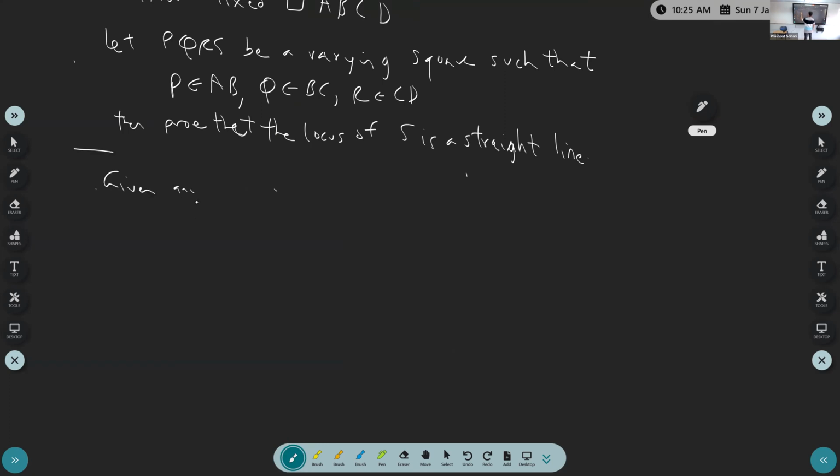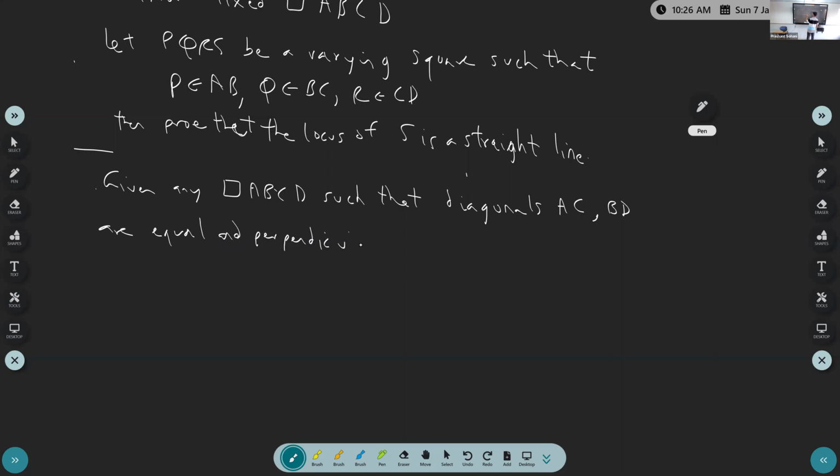So given any quadrilateral A, B, C, D such that there is a square, any quadrilateral whose diagonals are equal in length and perpendicular to each other.